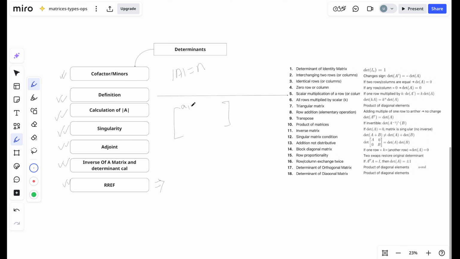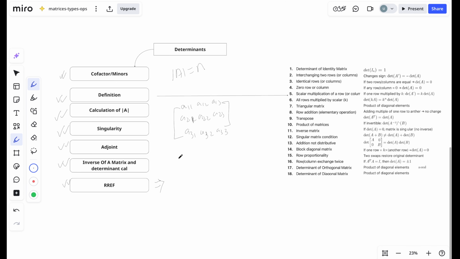A11, A12, A13, A21, sorry, A22, A23, A31, A32, A33.